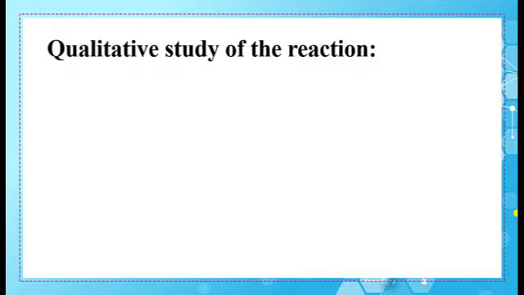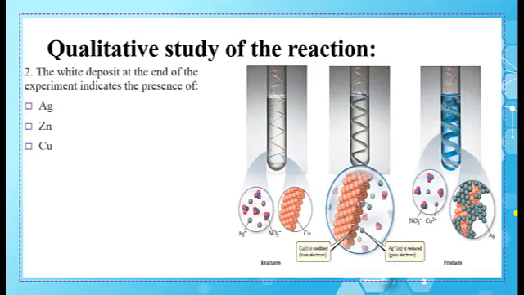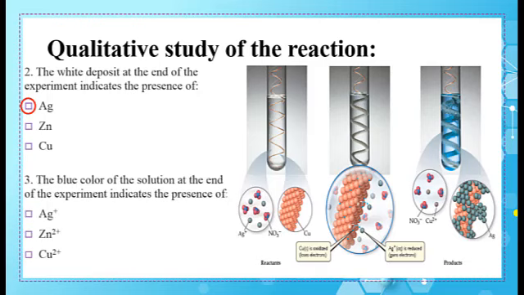Another question: the white deposit at the end of the experiment indicates the presence of, of course, Ag. Third, the blue color of the solution at the end of the experiment indicates the presence of Ag+, Zn2+, or Cu2+. We all know that the blue color is due to the presence of copper 2 ions, Cu2+, in the solution.